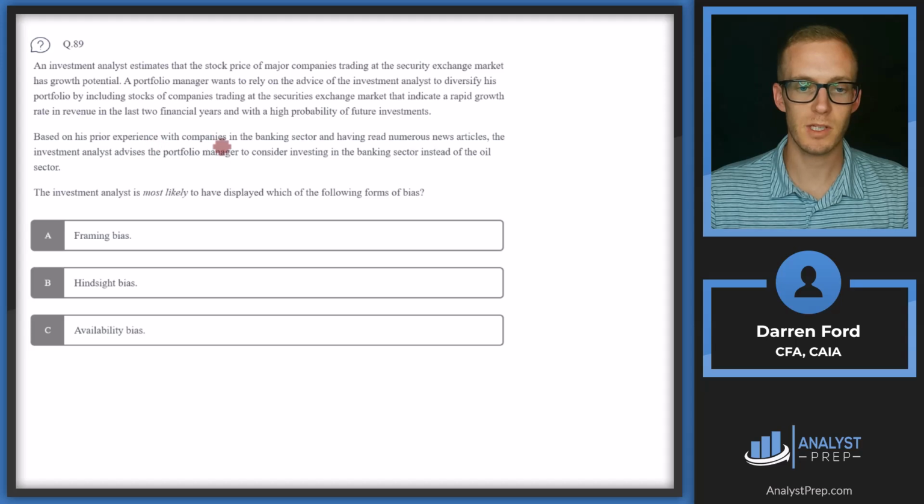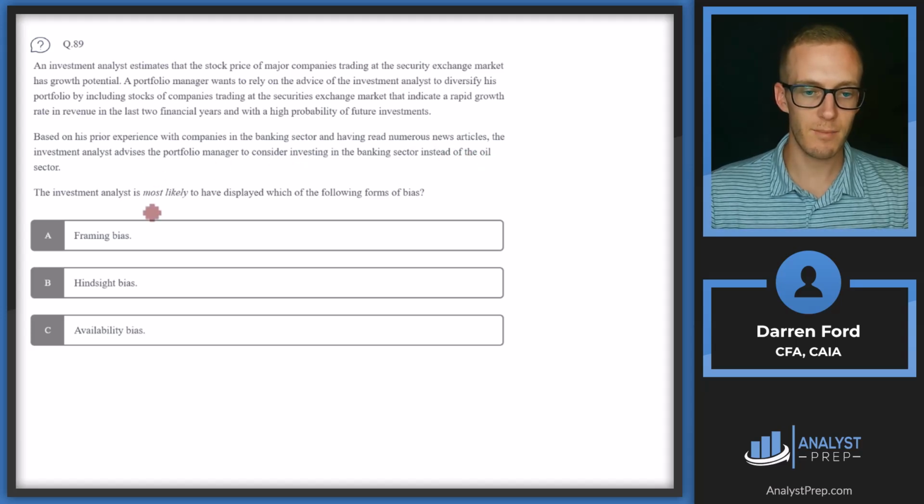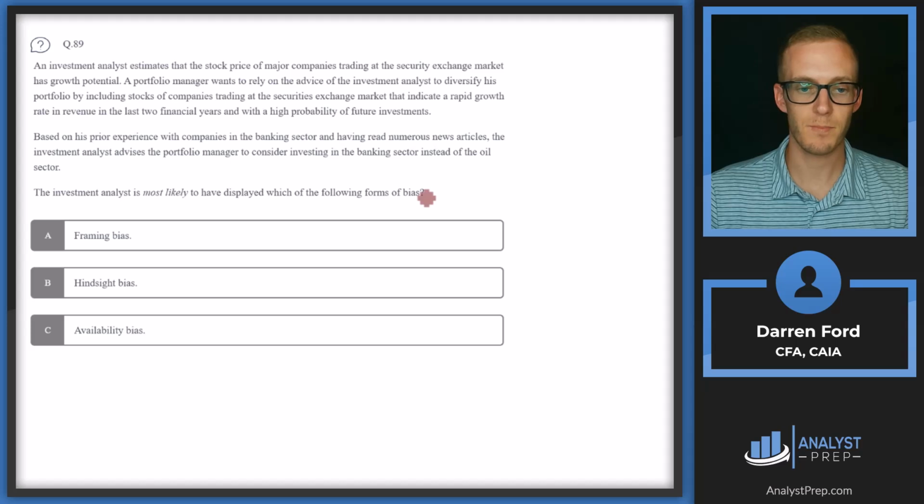Based on his prior experiences with companies in the banking sector and having read numerous news articles, the investment analyst advises the portfolio manager to consider investing in the banking sector instead of the oil sector. The investment analyst is most likely to have displayed which of the following forms of bias.